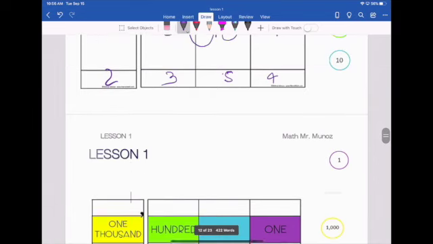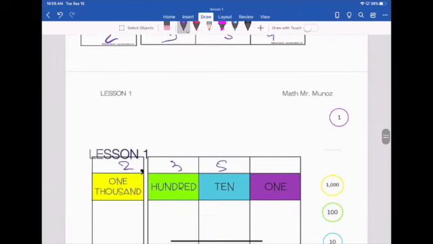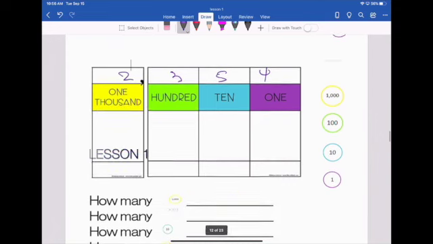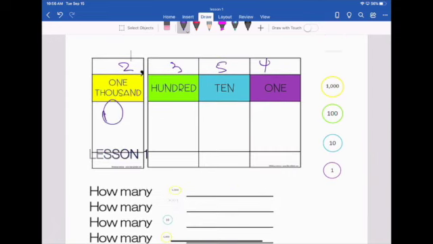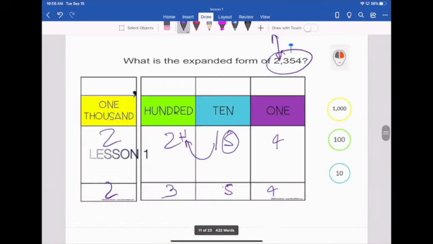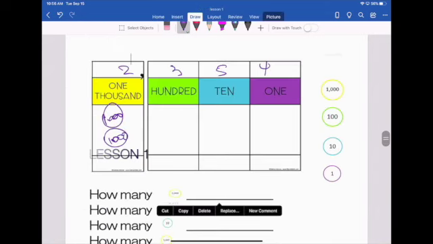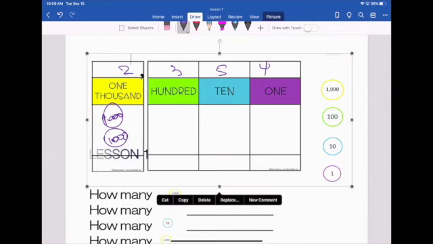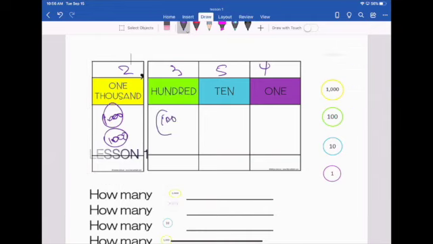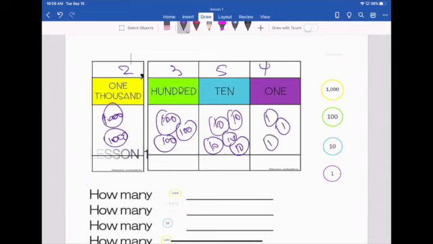So we have the number 200. Let's explain it so we can understand what each one of these means. This means you have here 1000, 1000. We have here 300, 5 tens and 4 ones.